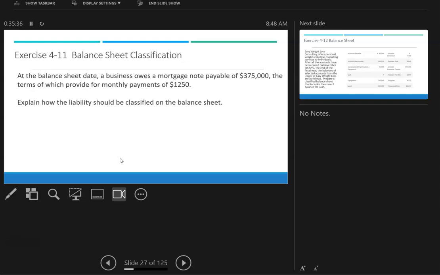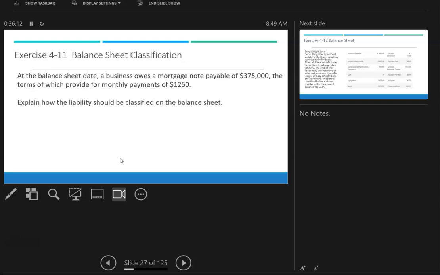In this scenario, the portion of a mortgage that is going to be paid within the current year is going to be considered a current liability. So if the note of $1,250, 12 months of it, is $15,000, the $15,000 portion of this $375,000 will be considered a current liability because we know we have to pay that portion in the current year.